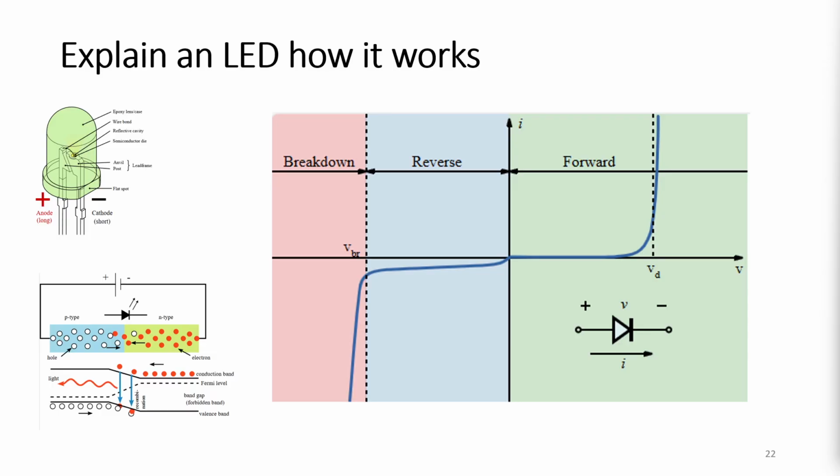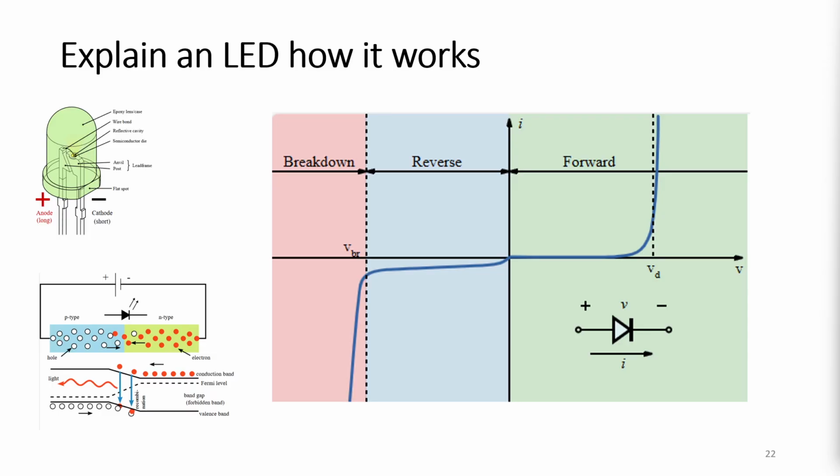The figure represents the current-voltage characteristic of a diode, showing how the diode behaves under forward bias, reverse bias, and breakdown conditions. The horizontal axis represents the voltage applied across it. Please remember that an LED is also a type of diode.